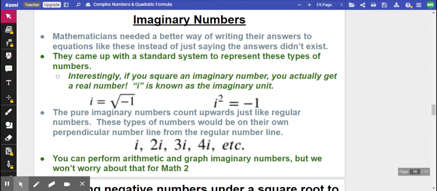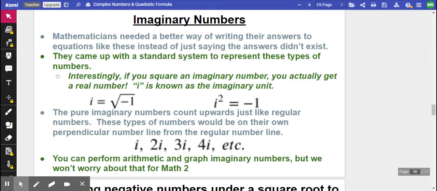And like I mentioned earlier, we made all these real number groups for the different answers we got, and now we have another type of number that we need a new number group for. We'll call it imaginary numbers. There's a lack of other accepted description of it, but just know that it's not really imaginary. It's just new and different from the regular real number system that we already had.